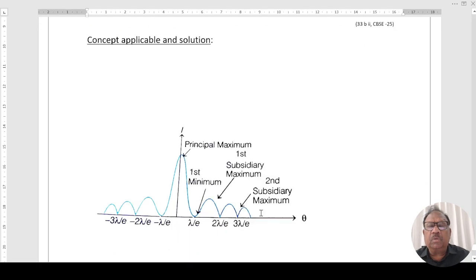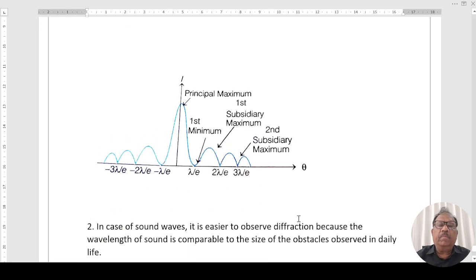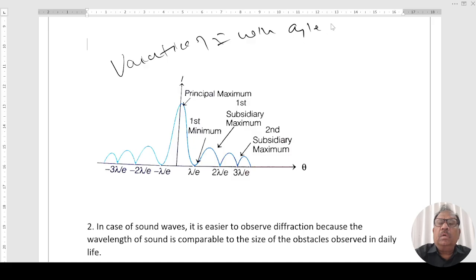The concept applicable in the solution: this is the variation of intensity with angle theta.